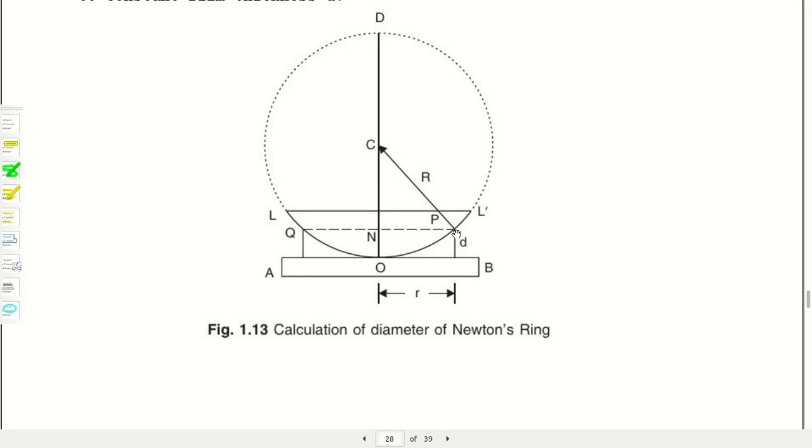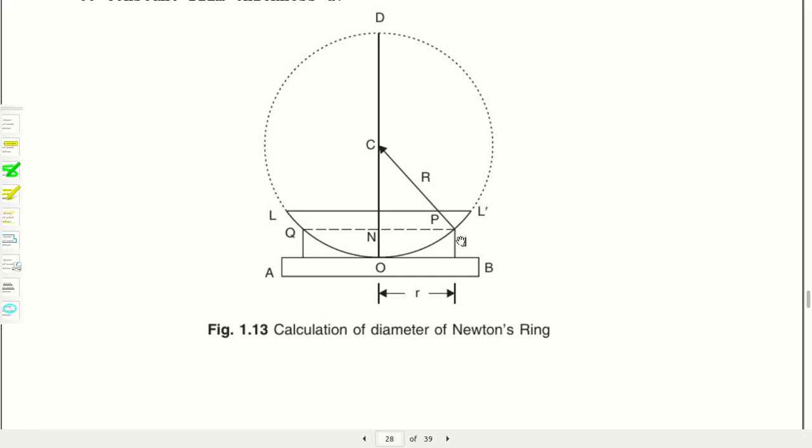The locus of those points having the same height d from the top surface of the plane glass plate AB, the points residing at the height d are so many.